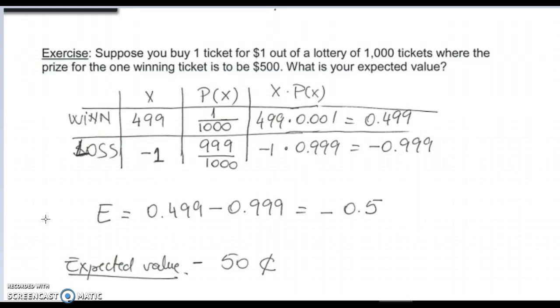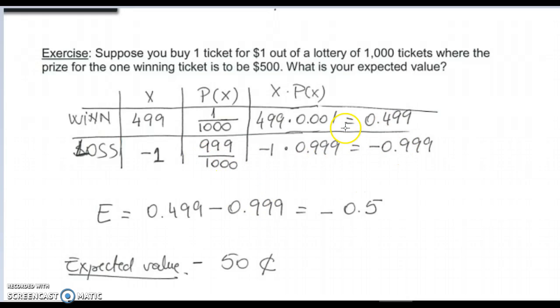So the way you're going to figure this out is you take the amount that you win, multiply it by the probability that you win, and from that number you subtract the amount that you would lose, if you lose, how much money you lose, times the probability that that happens.